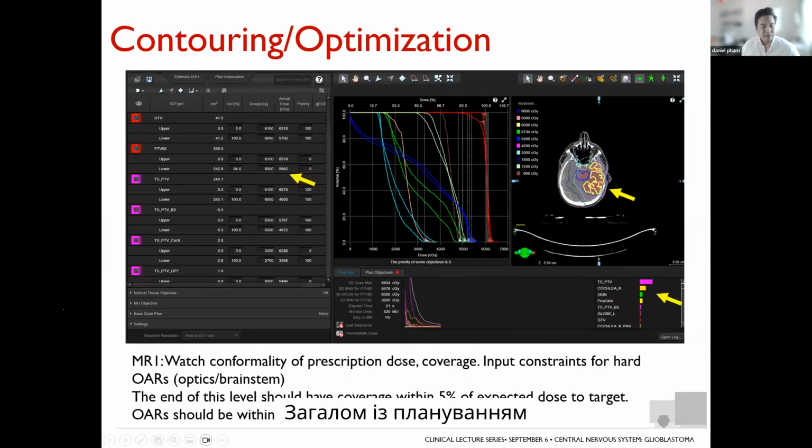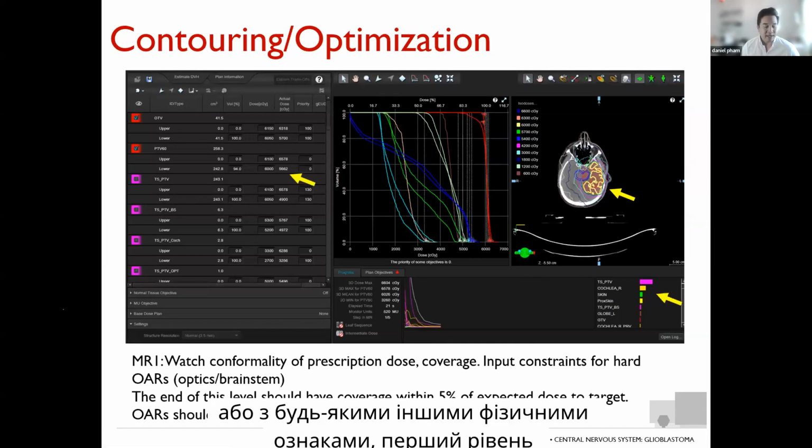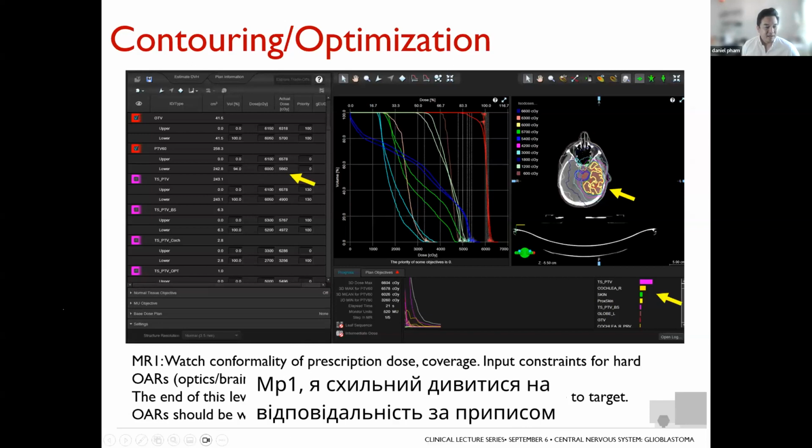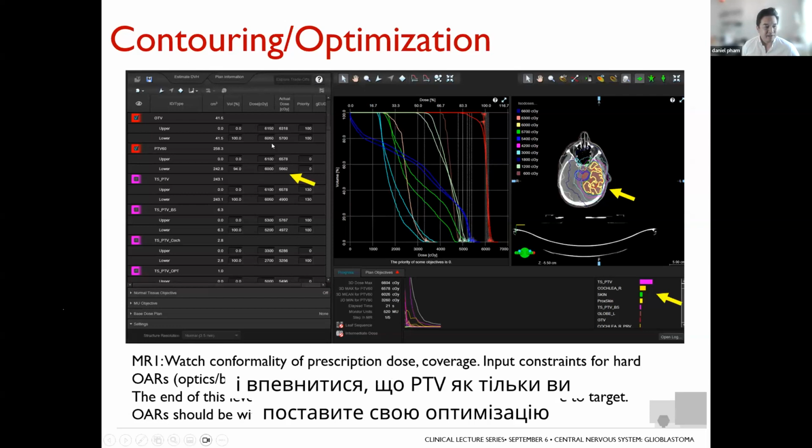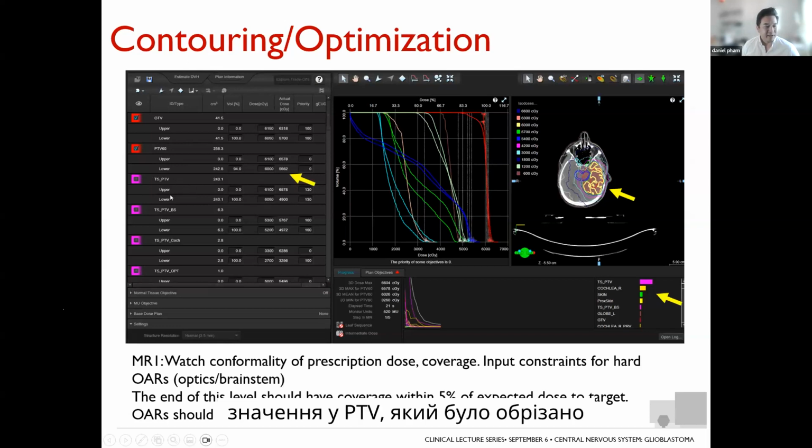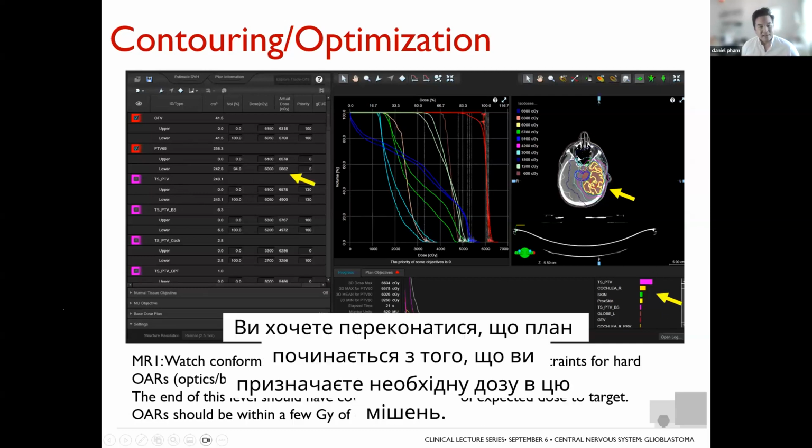Generally with TNS planning or with any other clinical sites, for the first level of planning, the MR1, I tend to look at the conformality of the prescription dose. Once you put your optimization objectives into the PTV that's been cropped away from your OARs, you want to ensure that the plan begins by putting the dose needed into this target.